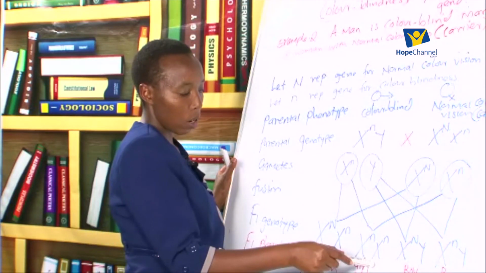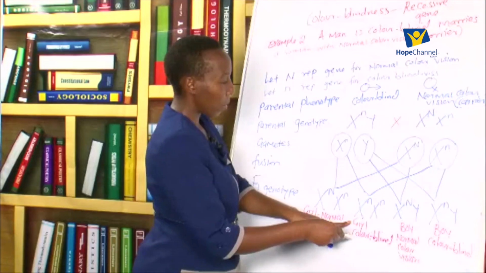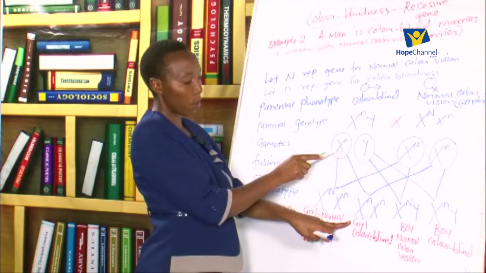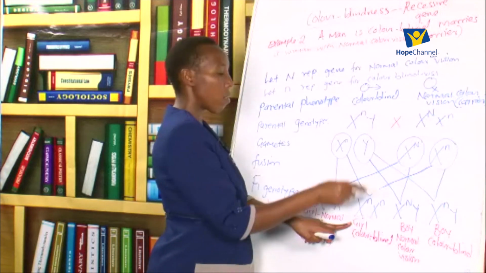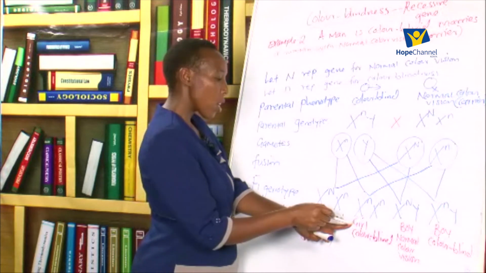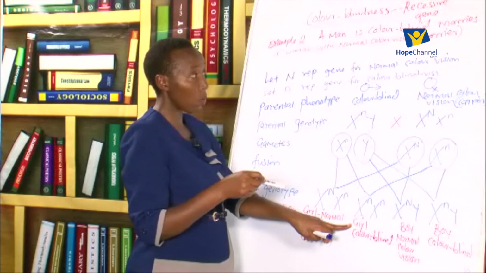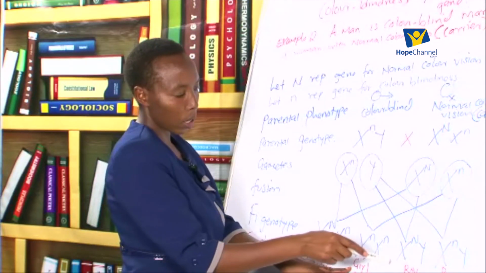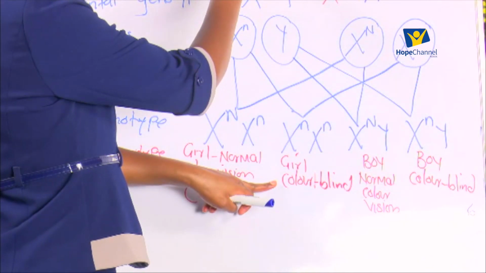Look at this girl who is what? Colorblind. So this girl who is colorblind, of course, picked the X chromosome with the recessive gene from the father and the other recessive gene from the mother, of which the mother might not be aware that she is carrying that recessive gene. So if the girl is colorblind, then the two X's are carrying the recessive gene for colorblindness. So can you say that this girl belongs to the father because it was the father who was colorblind?